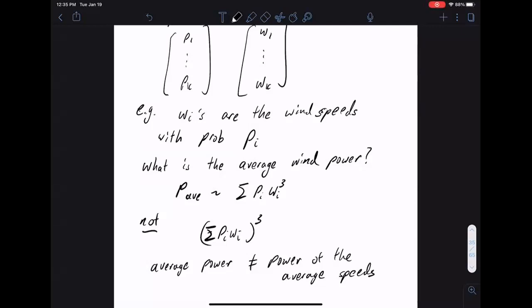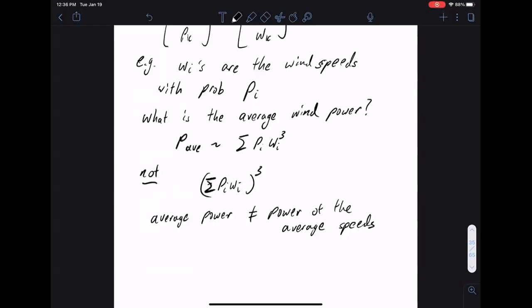So the order matters. You can almost never switch the order when you compute things. It's very common to say, compute the average speed, then compute power just based on that. That's incorrect.